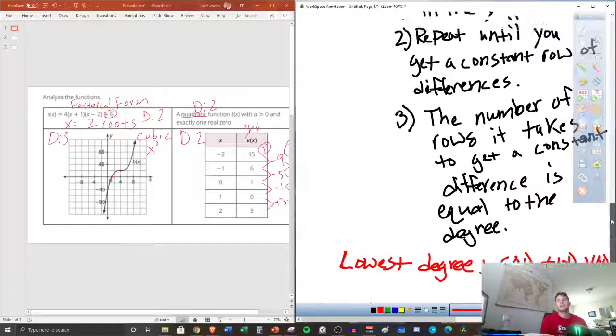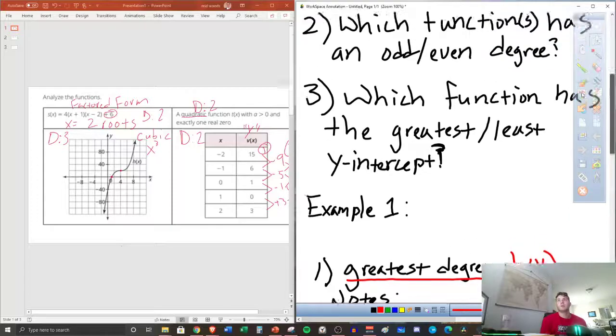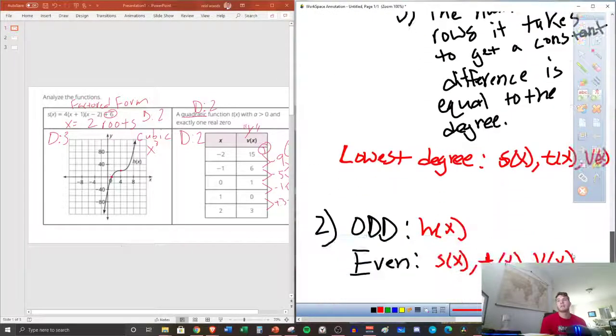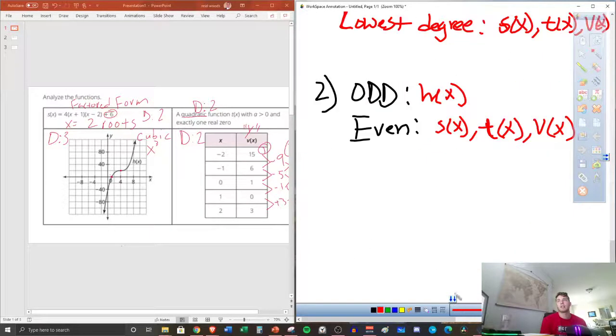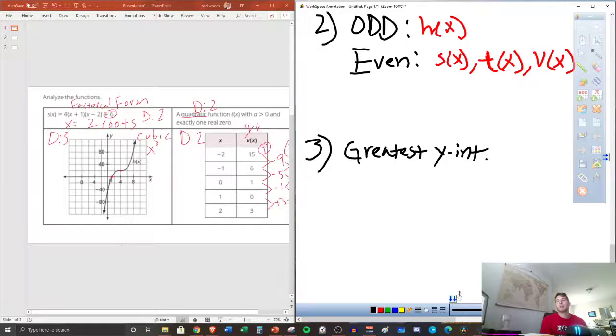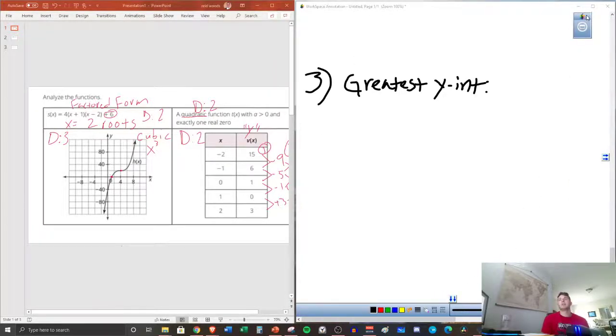All right, next. Which function has the greatest and least y-intercept? It's the last one we're looking at. So number 3. Greatest y-intercept. And then we want least y-intercept, but I'll save that just in case we need to write a few notes here.